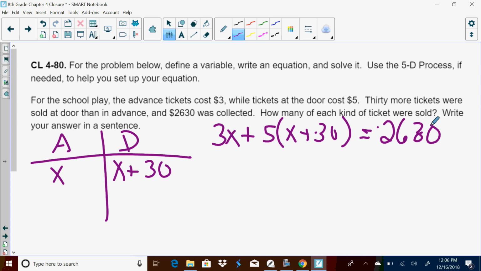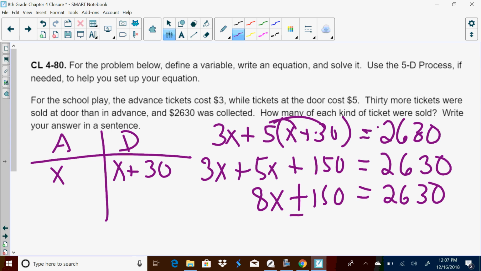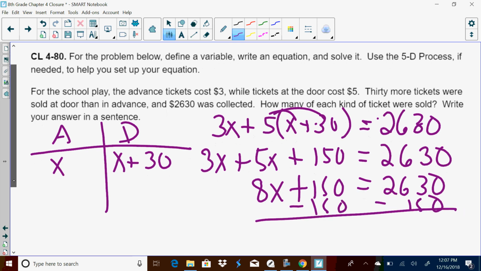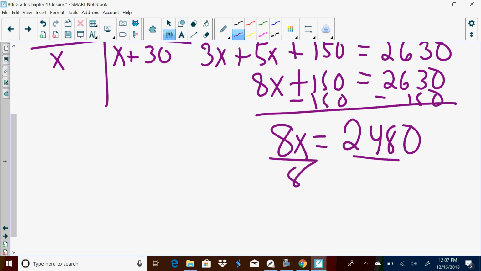So I combine like terms. First I distributed, so I get 3x plus 5x plus 150. 8x, minus 150. So I end up with 8x divided by 8.